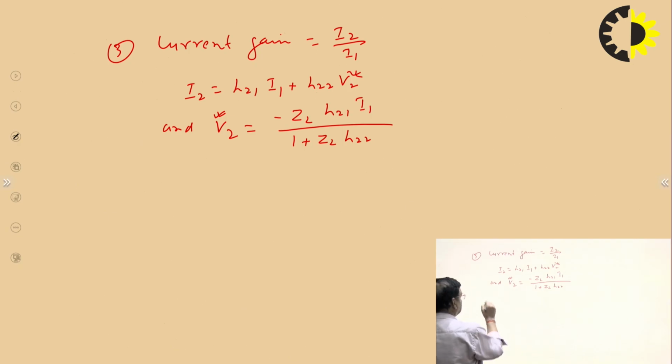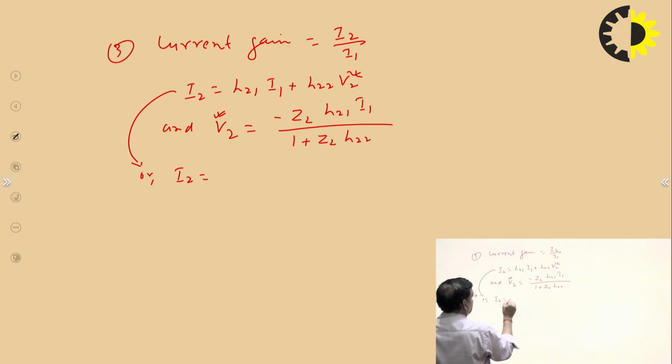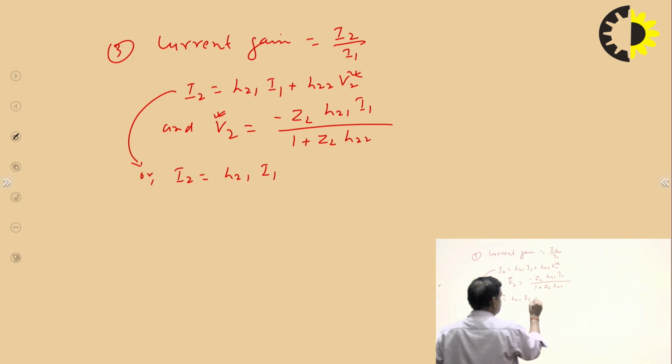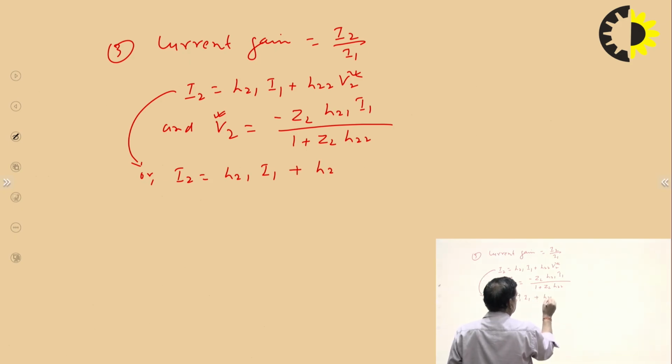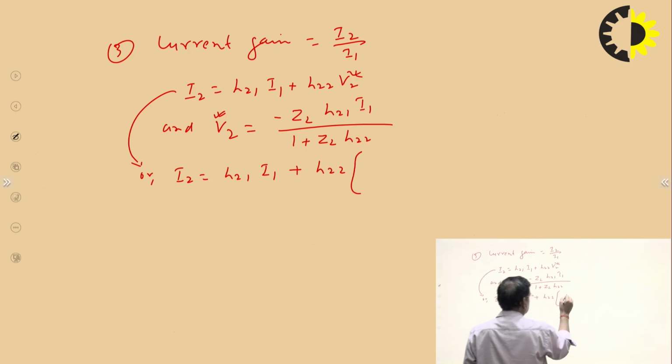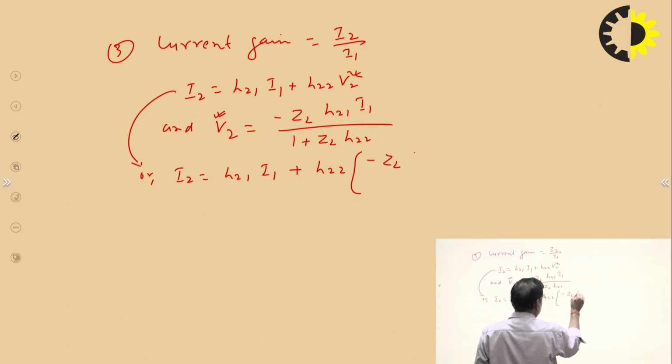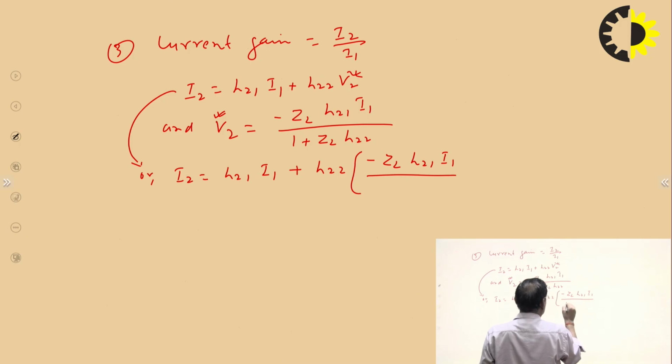So we can write I2 is equal to H21 I1 plus H22 times V2, where V2 is minus ZL H21 I1 upon 1 plus ZL H22.